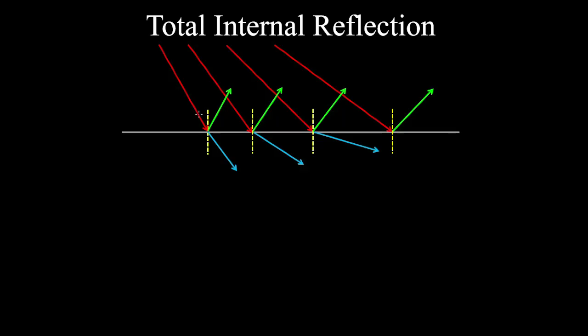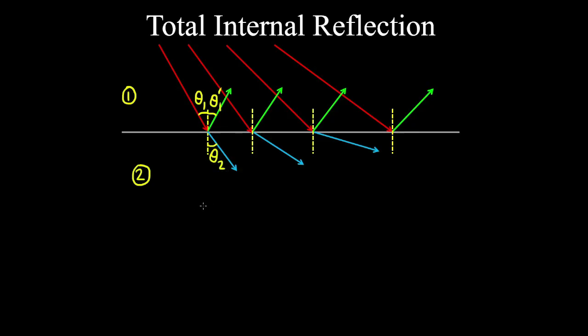Recall that we had an incident beam of light traveling from medium 1 to medium 2. We had theta 1 as the incident angle and theta 1 dash as the angle of reflection. So part of this ray gets reflected and part of it gets refracted in medium 2.